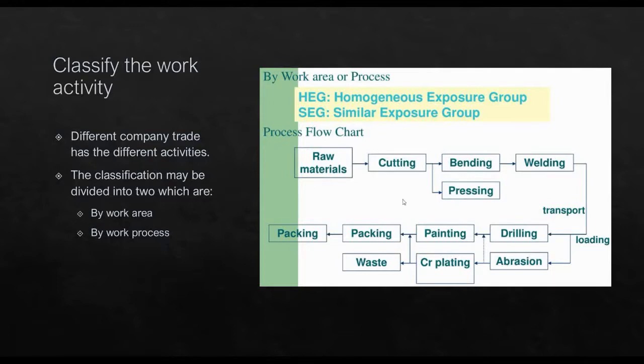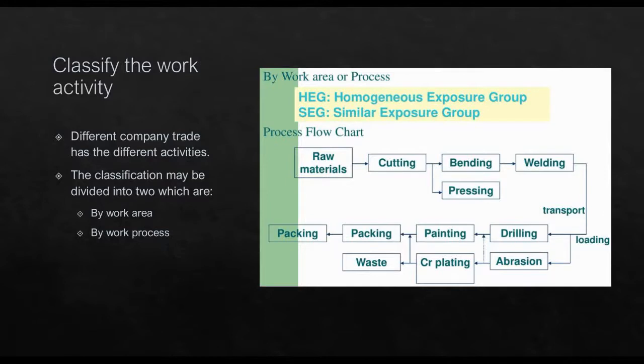From this process, we actually can imagine what kind of hazards will be available. For example, in the cutting process, this is the large hazard, the severe hazard that we can identify, because the risk of the cutting process is very high.